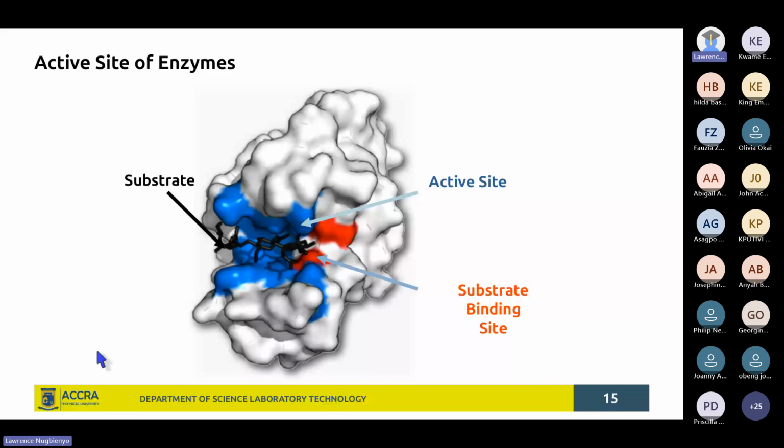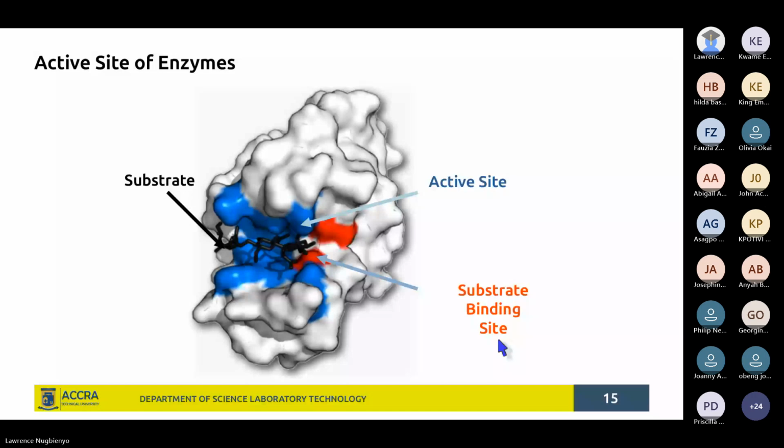And I've brought a diagram to show it for you to have a better understanding of what we are referring to as a substrate, and also to introduce a new term, what we're referring to as a substrate binding site. What's the difference between the active site and the substrate binding site?